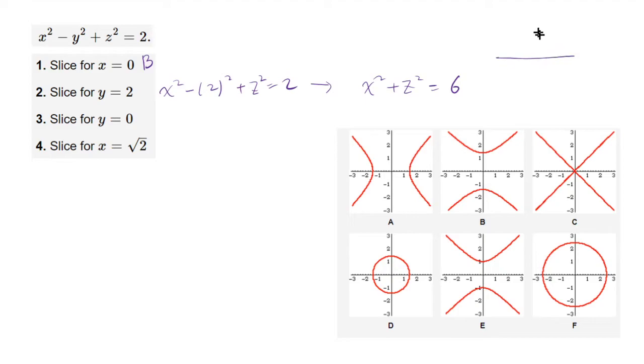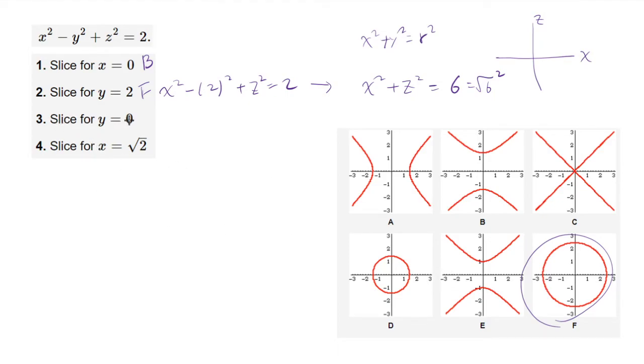Okay, so that's an easy one because here's x and z. x squared plus y squared equals r squared is the circle equation. So this is a circle of radius square root of 6. Square root of 6 is about 2.4. So this one here, yeah, that would match with number 2 because that's the circle of square root of 6.